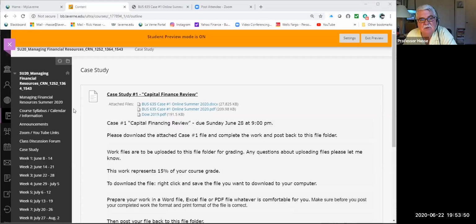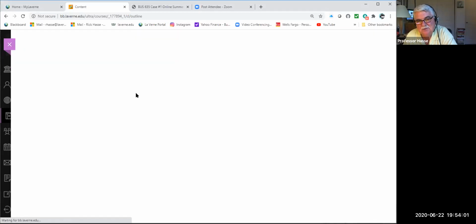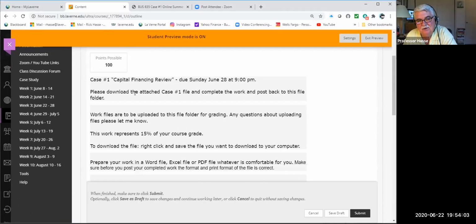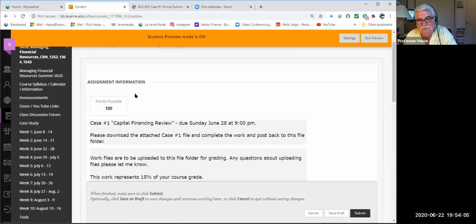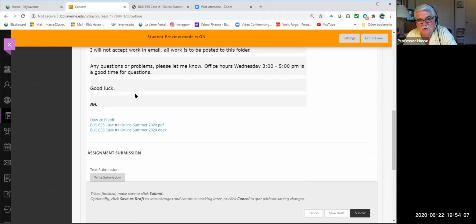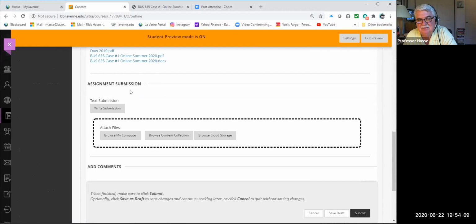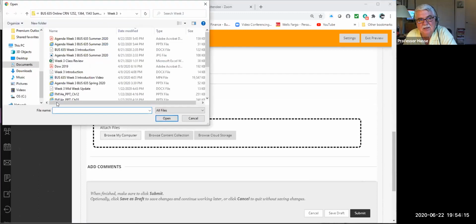Okay, so here's the case number 1 file folder. So next Sunday night, probably for some of you at 8:59 and 30 seconds, you click on this file folder, and all you have to do, this is the upload file, and you go down to where it says assignment submission. So you would go to browse my computer and find a file.